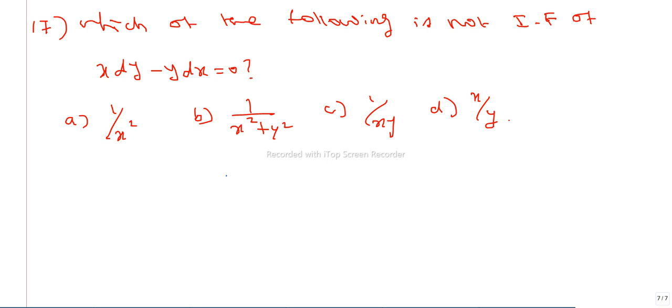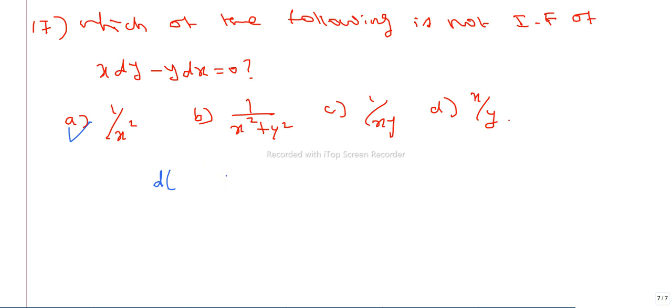Yes. If you multiply with 1 by x square, you will get the exact form d of y by x equal to 0, because it is of the form u by v method. Therefore this is an integrating factor because you get an exact equation. Therefore the first option is not true.